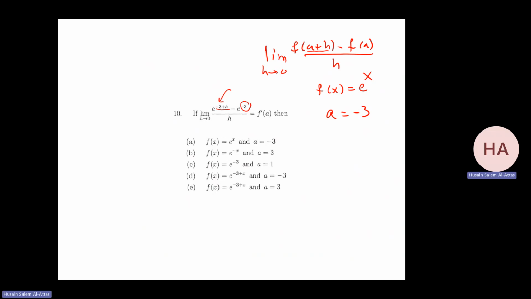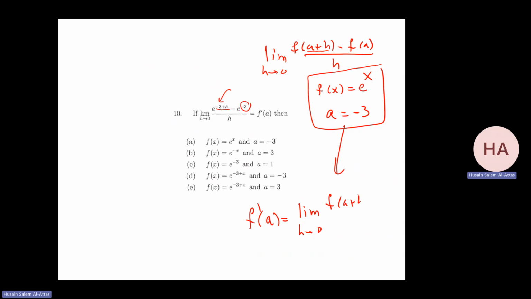Actually, to check, can you find the derivative of this? Just to check, f prime at a, which is minus 3, will be the limit as h goes to 0 of f of a plus h minus f of a over h.